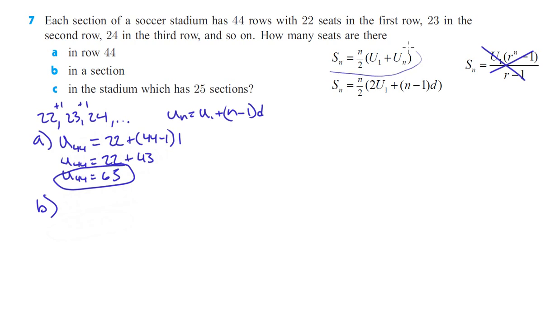The sum of the first 44 rows equals 44 over 2, all times the first, which is 22, plus the last, which we just figured out is 65.